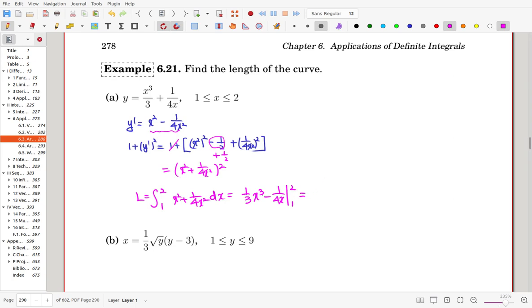If x is 2, then 8, and minus 1. So that's 7 over 3 minus 1/4, and 1 over x, once x is 2, then half is 1, then minus 1. If you simplify this, then that will be the answer.